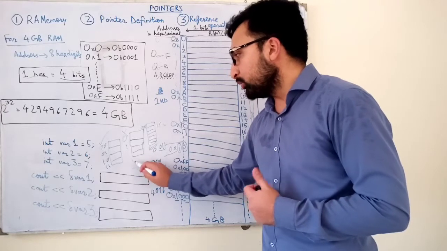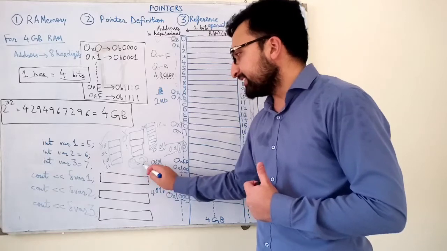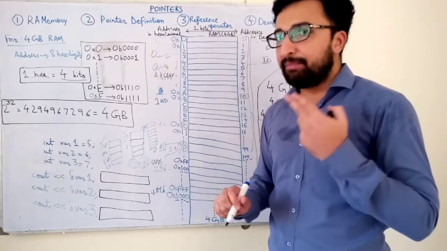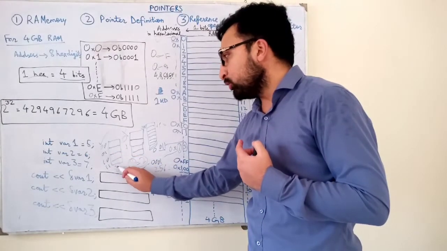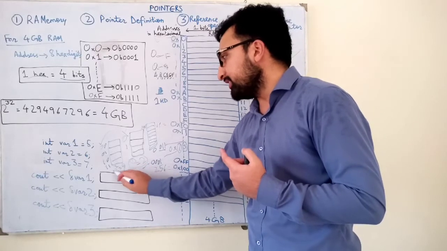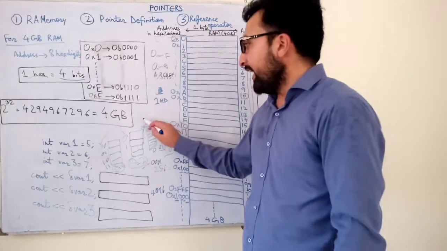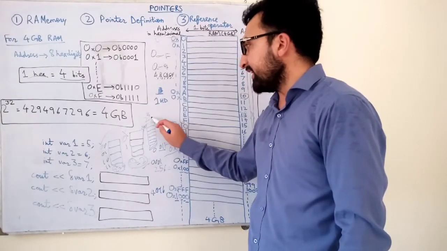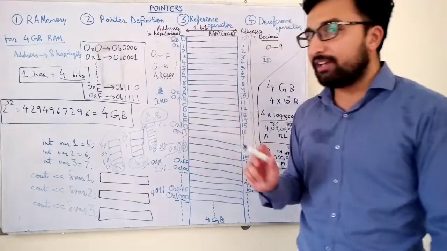So 2 raised to the power 1 is basically 2. So 1 bit can access 2 bytes of RAM distinctively. Similarly, here we had 2 bits. It means that 2 bits can access 4 bytes of RAM distinctively. Similarly, here our addresses needed to be of 3 bits, and it means that 3 bits can access 8 bytes of RAM distinctively.